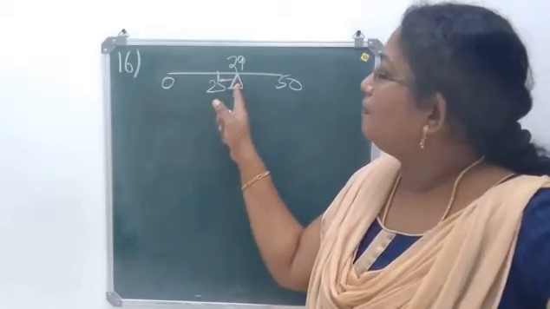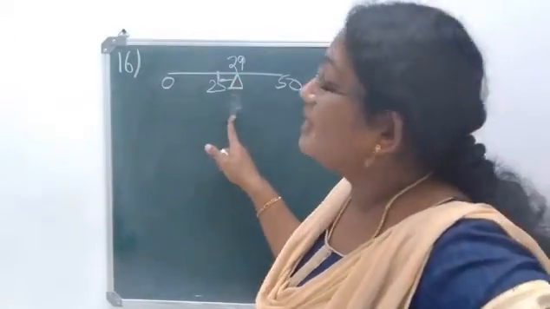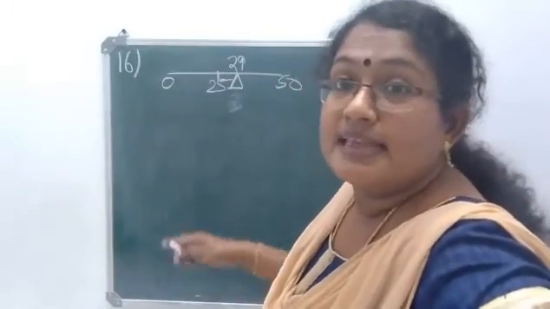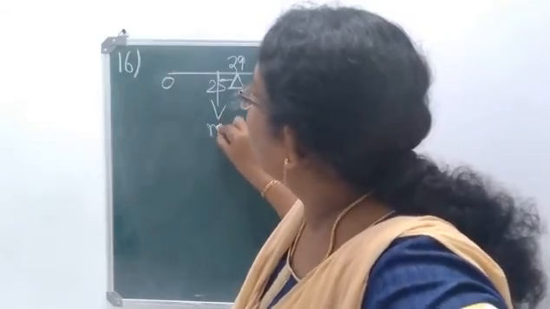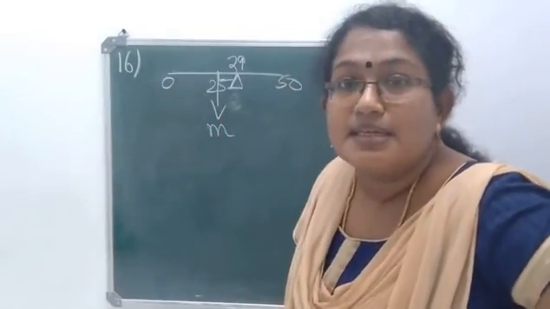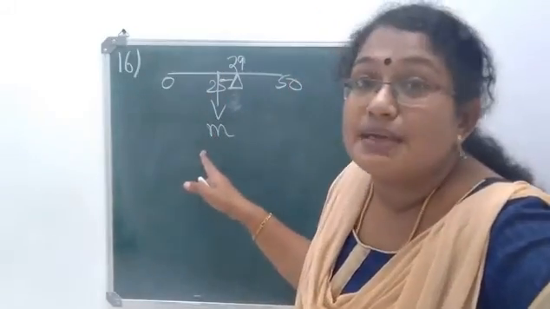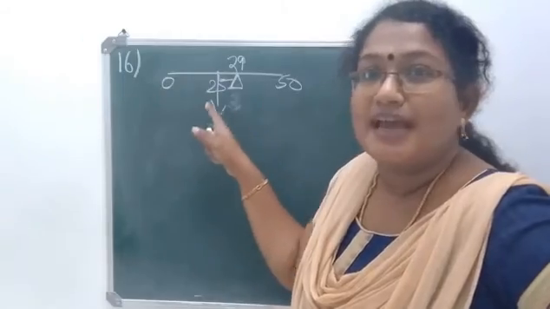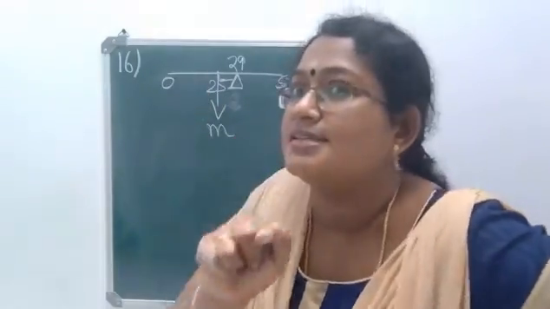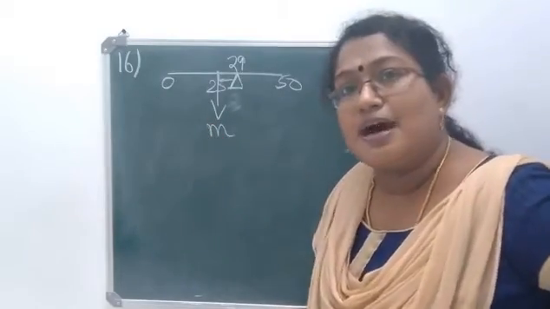So here we have the pivot at the 29 centimeter marking. Then the mass of the rule will be at the 25 centimeter marking. Why? Because it is a half meter rule and the weight of the rule will be at the exact center.